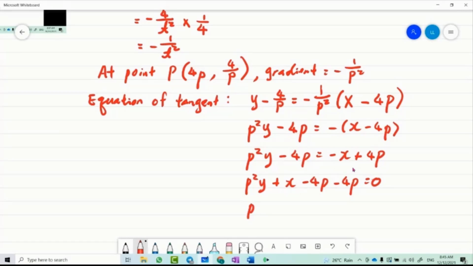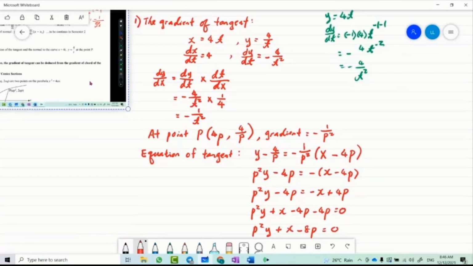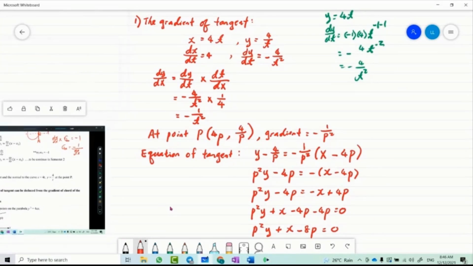So finally, okay. So that is the equation of tangent here. Okay, up to here, anything you not ask? Tak ada? Kalau tak ada, kita teruskan.